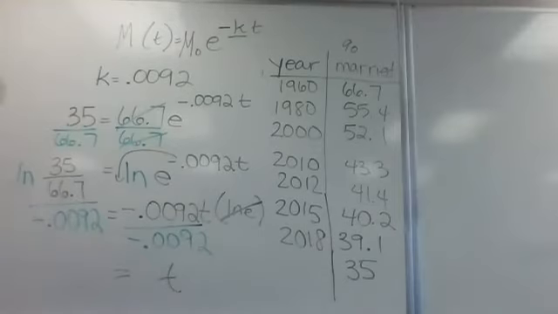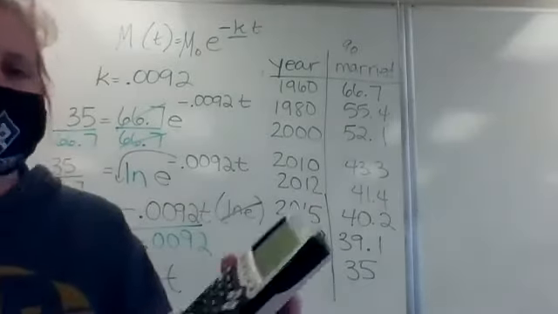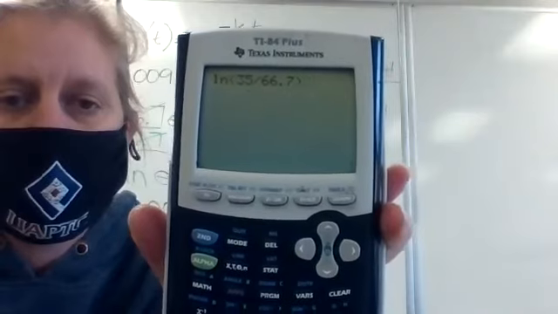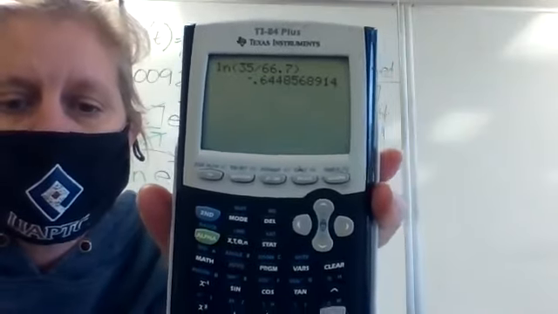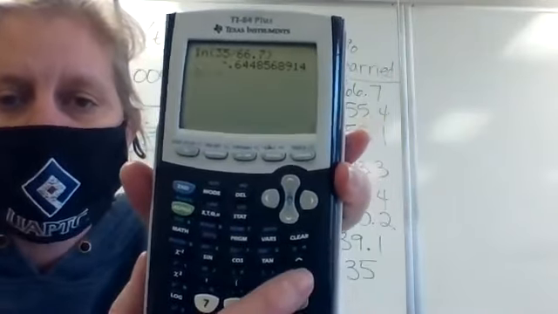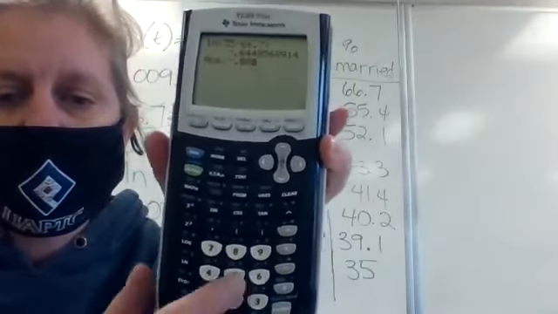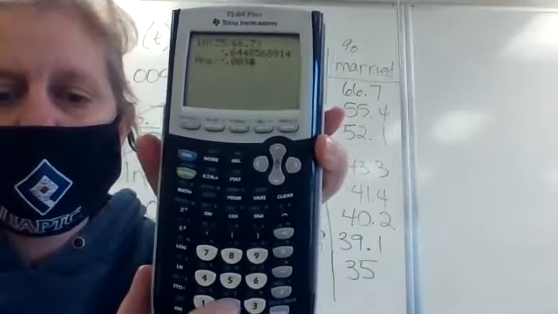So again, in your calculator, ln of 35 divided by 66.7, close it and go ahead and hit enter. And then divide that answer by negative 0.0092.